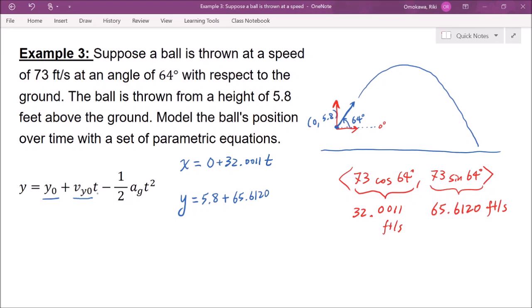And then it says times t here, don't forget the t, minus 1/2 times the acceleration of gravity. So remember this, when we're working with feet per second, is 32, times 1/2. So when we're doing projectile motion with feet and seconds, you're going to get minus 16 here. And then don't forget the t squared.